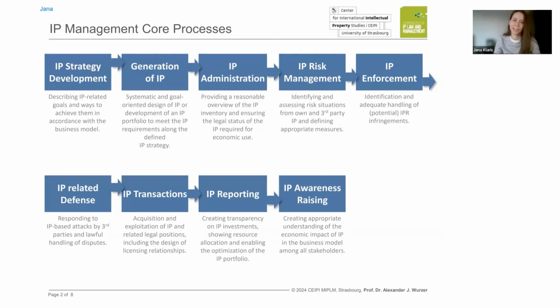It consists of creating the transparency on IP investments, showing resource allocation and enabling the optimization of the IP portfolio. And the last but not least part of the process is IP awareness raising, which consists of creating appropriate understanding of the economic impact of IP in the business models among all stakeholders. So this is a sum up of the core processes of the IP management.